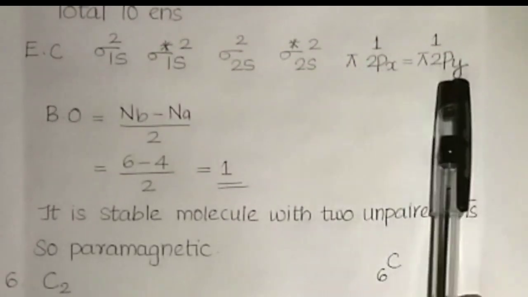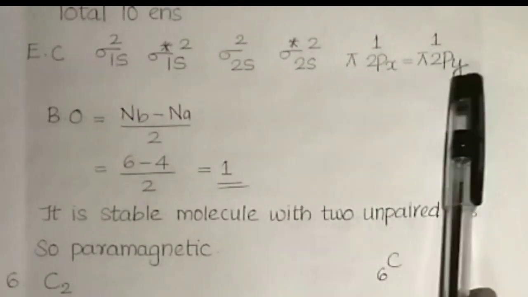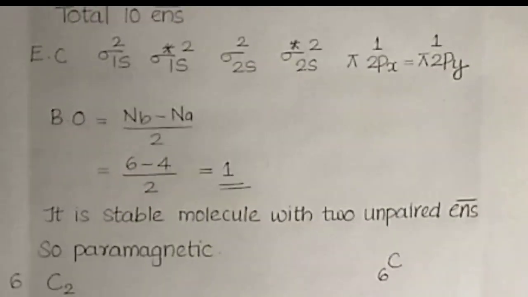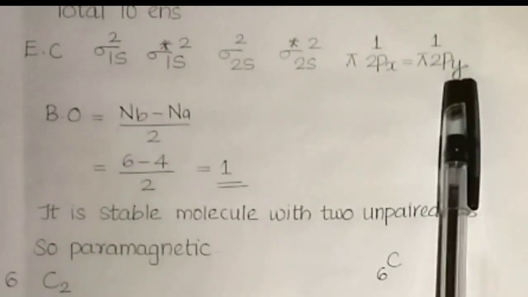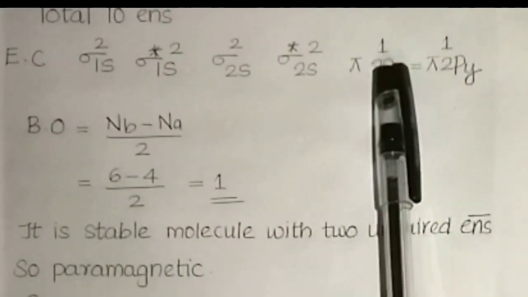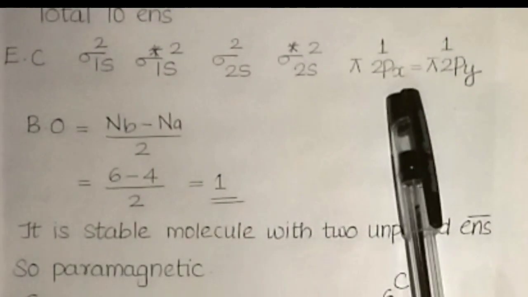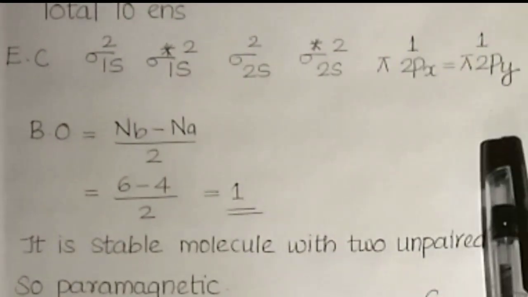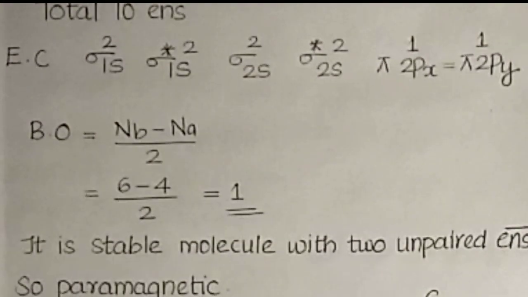But our molecular orbitals pi 2px and pi 2py both have the same energy, degenerate molecular orbitals. So with 2 electrons, according to Hund's rule, first singly filled, then only pairing up takes place. So we give 1 to the pi 2px molecular orbital and 1 to the pi 2py molecular orbital.